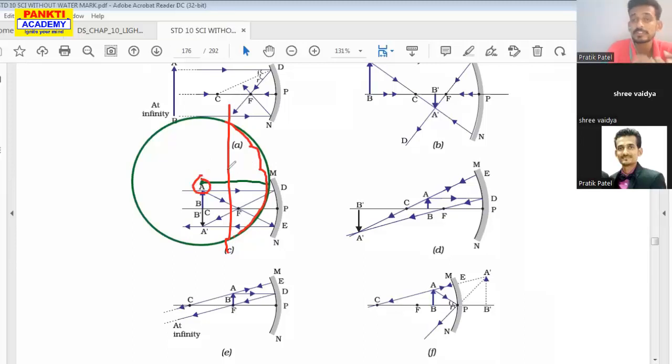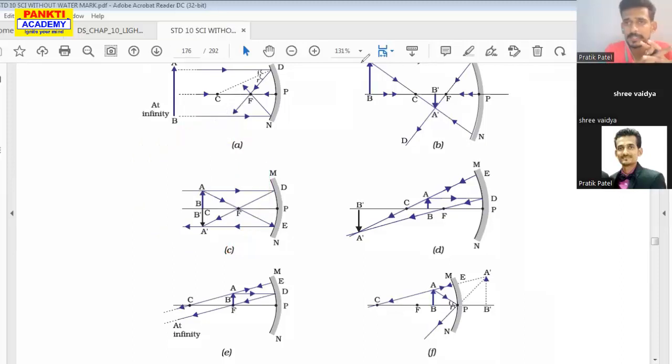So this is called the center of curvature, like a circle's center. Understood? Yes, sir. If you complete the circle, you get C as the center. That's why F is exactly at the middle.